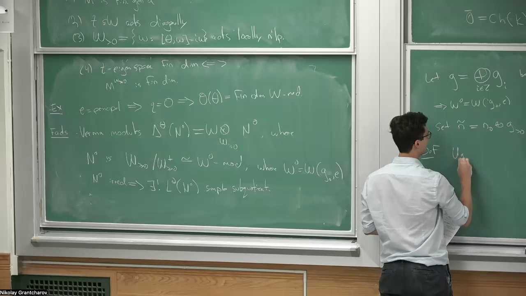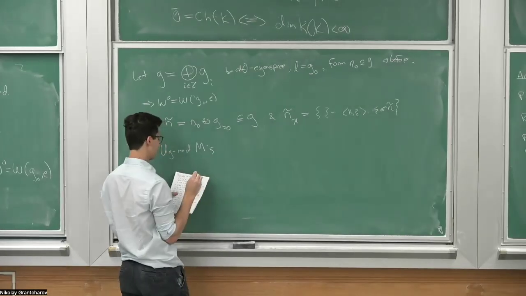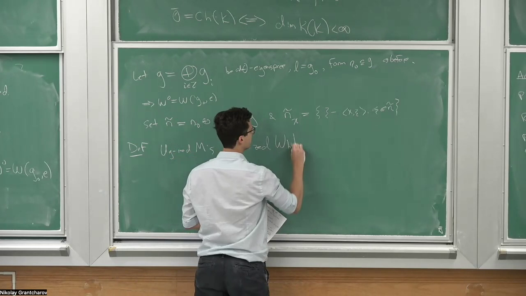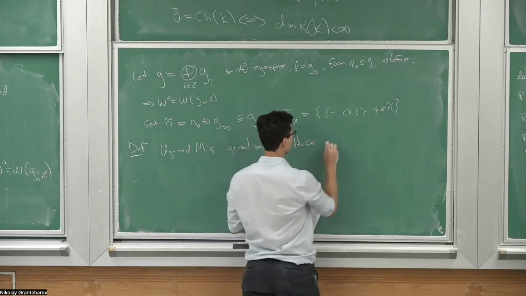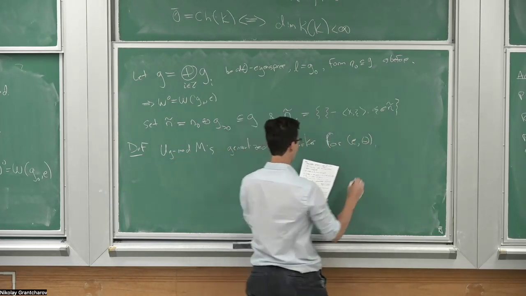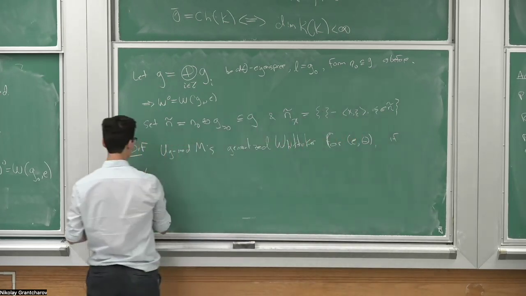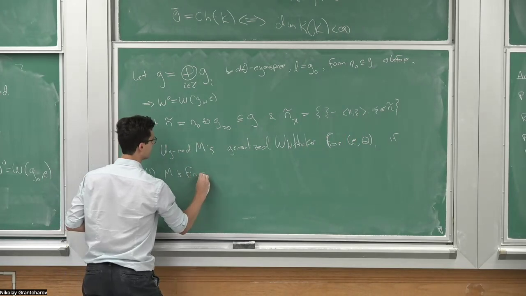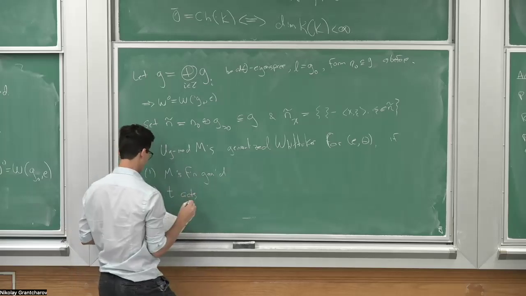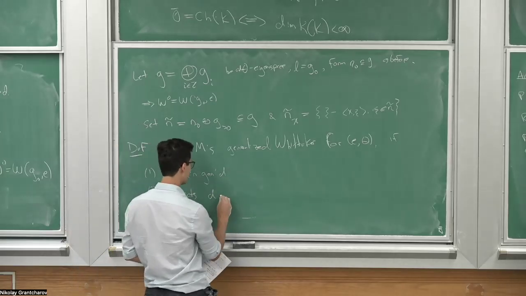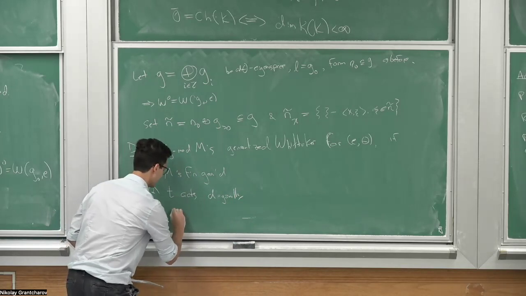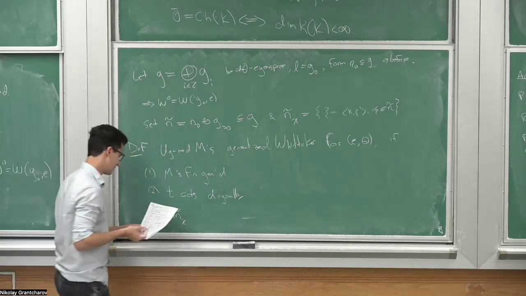So the UG module M is generalized Whittaker, or E theta, if it's finitely generated, we have diagonal action of the torus, and this twisted nilpotent acts locally nilpotently.